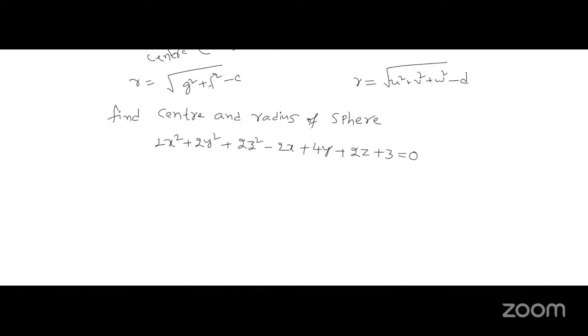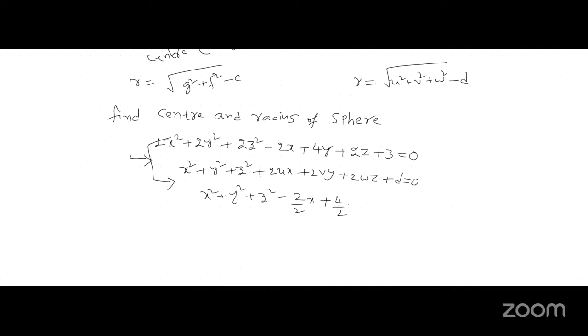So actually, what is that? First we have x square plus y square plus z square plus 2ux plus 2vy plus 2wz plus d equal to 0. So first we change the equation: x square plus y square plus z square by 2, minus 2x by 2, plus 4y by 2, plus 2z by 2, plus 3 by 2 equal to 0.